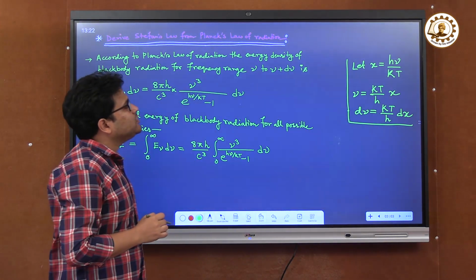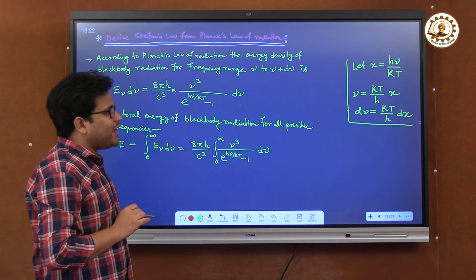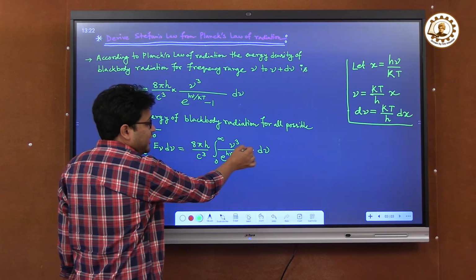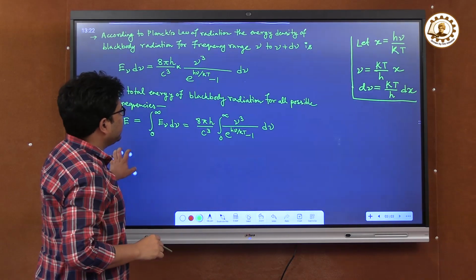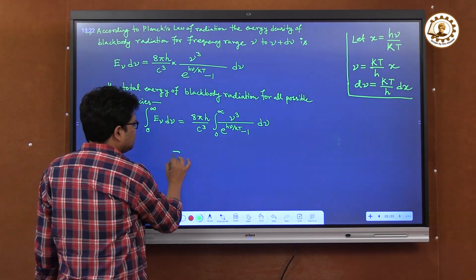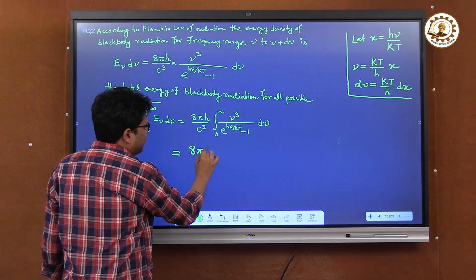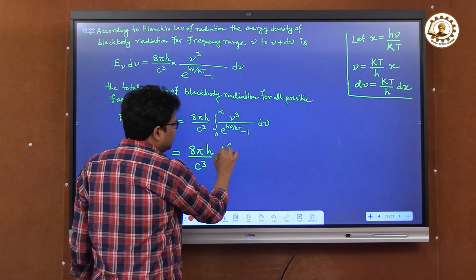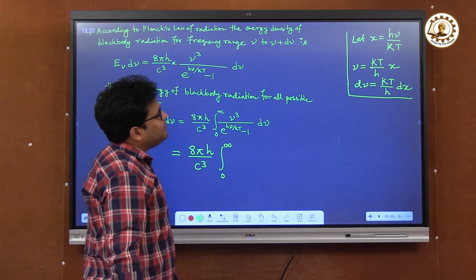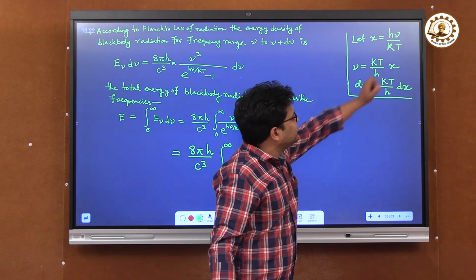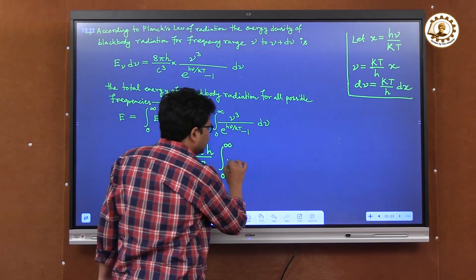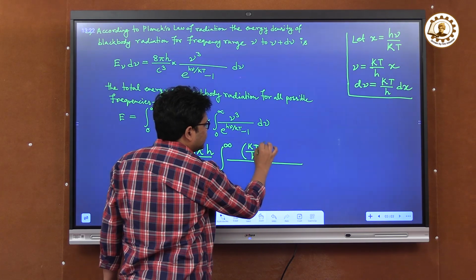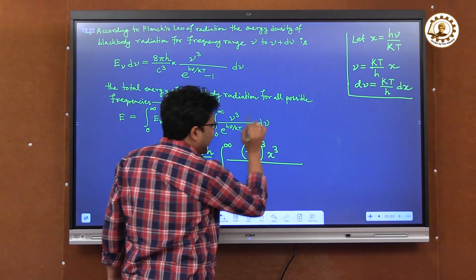So we are going to substitute h nu by kT equals x and d nu equals kT by h into dx in this particular integral. So we have 8 pi h by c cube, integral from 0 to infinity, nu cube, that means kT by h into x whole cube, right? So it is kT by h whole cube and also x cube.